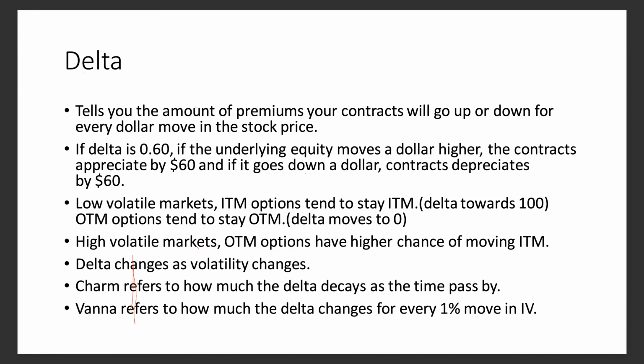Can delta go over 1? No, delta is capped at 1. If you remember the first slide we spoke about, a call or put option just gives you the right to buy or sell 100 shares of the underlying equity. When the contract goes to a delta of 1, it's just going to mimic you holding 100 shares. 1 is the maximum delta can go, and 0 is the minimum. 0 to 1, that's it. 0 means it mimics you holding 0 shares, which is what you have when the contract is at 0.01.